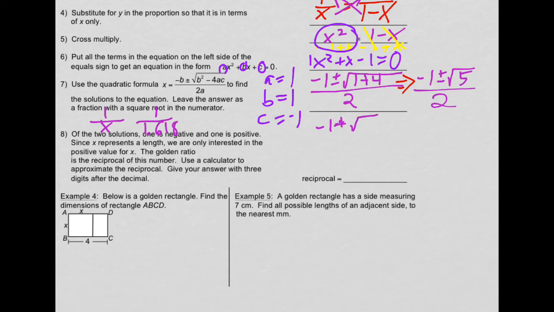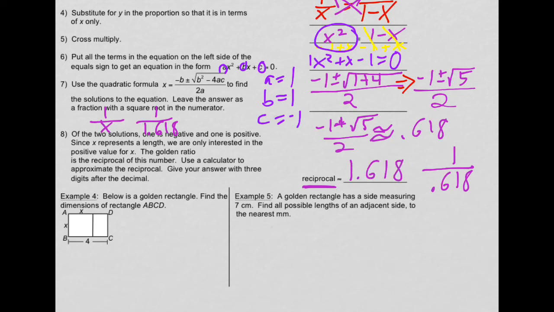Negative 1 plus the square root of 5 all over 2 is approximately equal to 0.618. And remember, the reciprocal of a number is just 1 over that, so 1 divided by 0.618 is the reciprocal that we're going to get, and that number is 1.618.